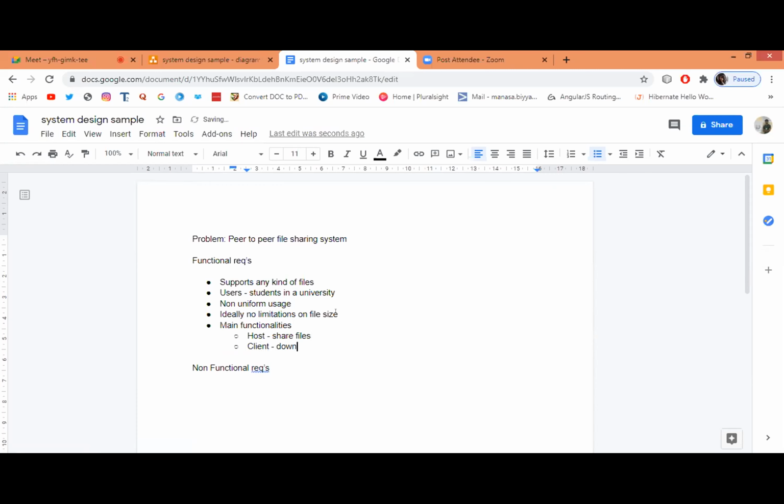And third, I should be able to search for the files available for me to download. I should be able to see a directory of shared files in the entire network so that I can choose a file of my interest and download it if I need to.